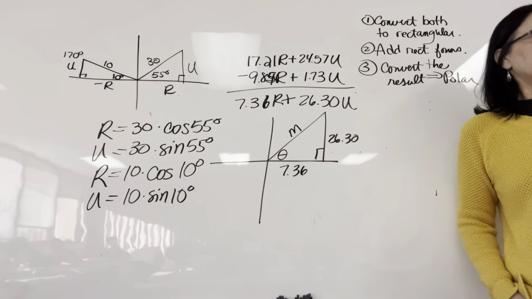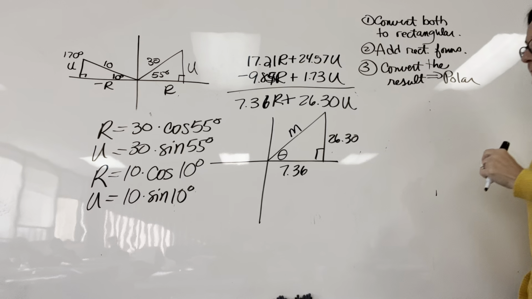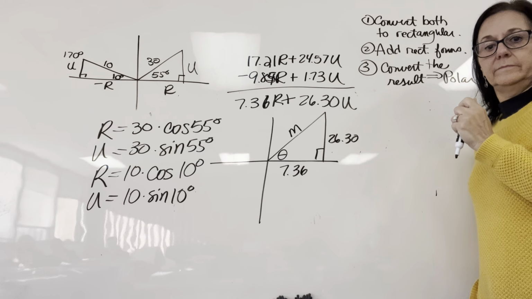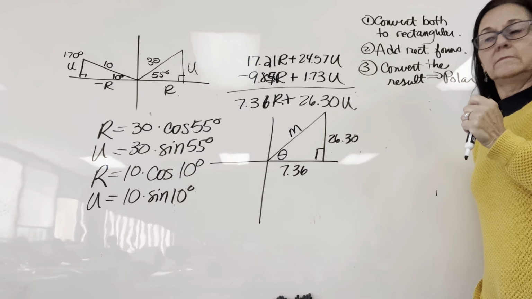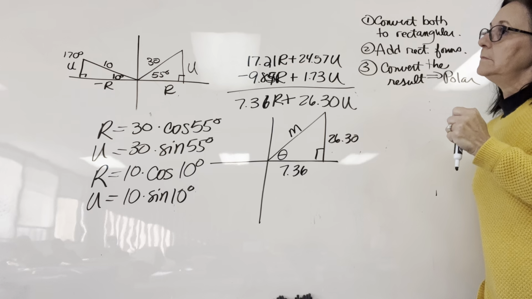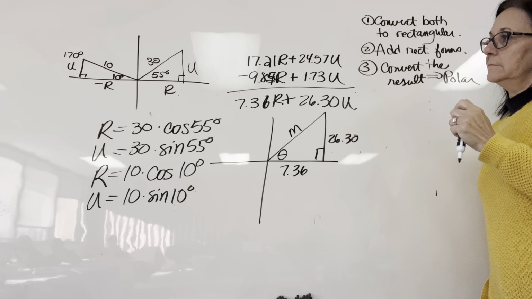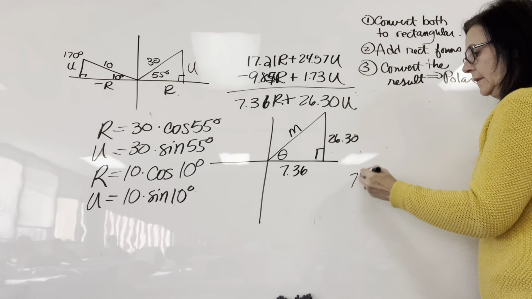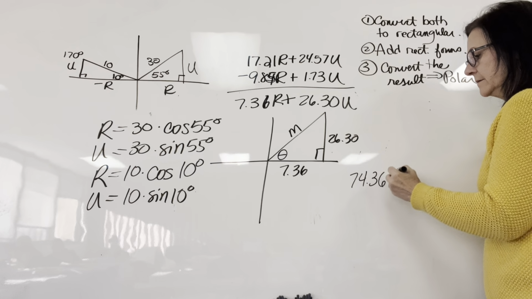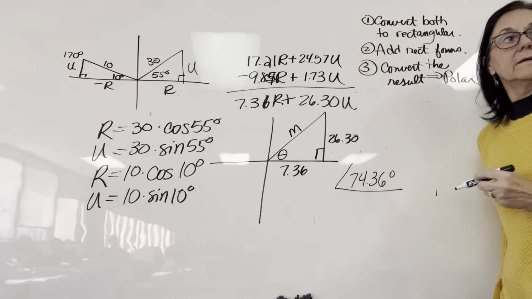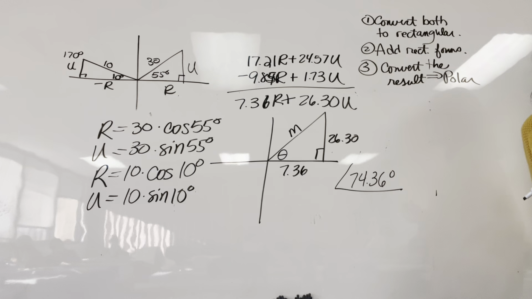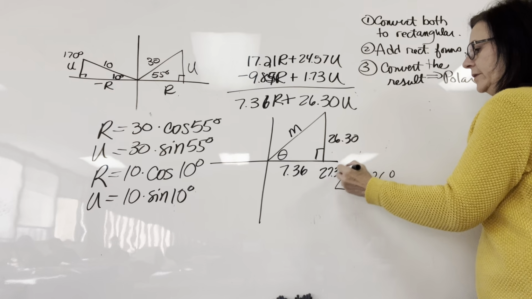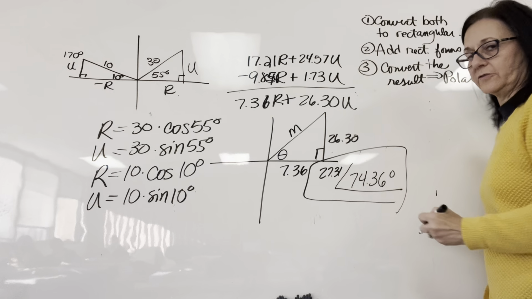We don't have to add it or subtract it from anything. I got 74.36, or 37. Okay, 37. 27.31. This would be the vector in polar form.